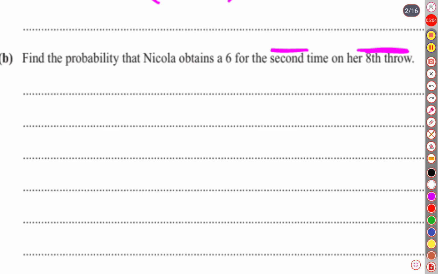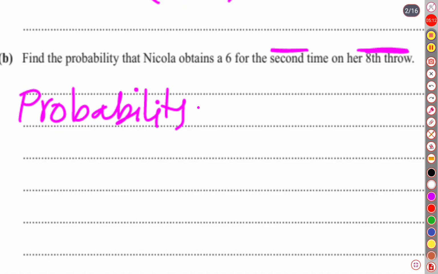We will write the probability is equal to, we have already decided that the first 7 throws will be dealt with by the binomial distribution. So in total there were 7 attempts. Out of 7 attempts he got one success, so 1 over 6 success, once.